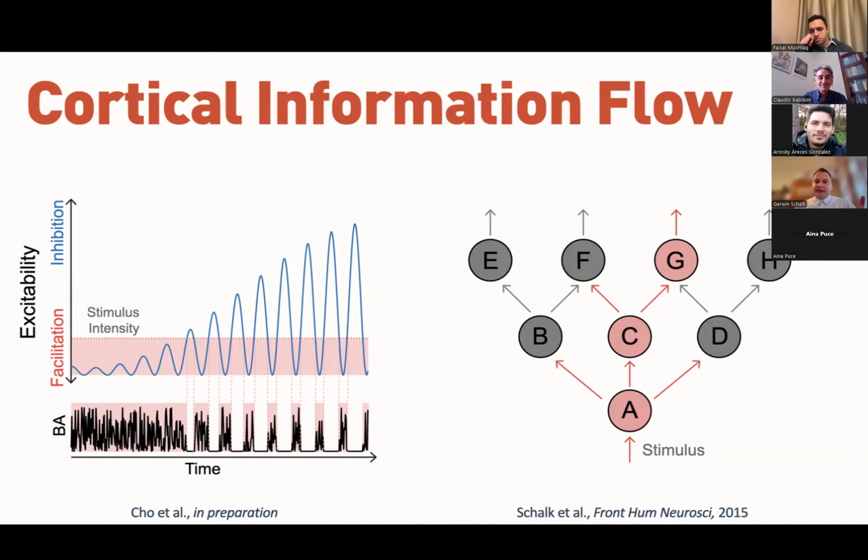And if the brain wants to gate information from a stimulus to a certain target, let's say motor cortex, it can increase low frequency activity in all the gray areas, decreasing this basically inhibitory influence in all the red areas.